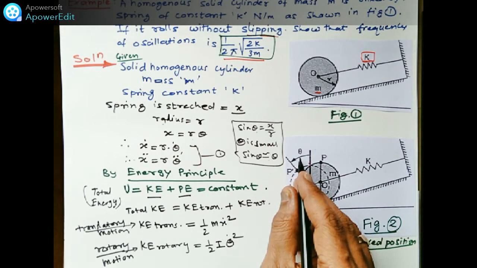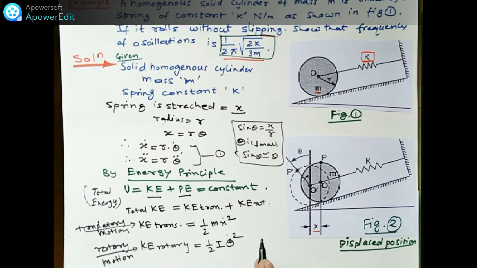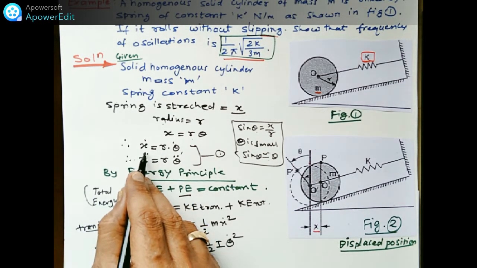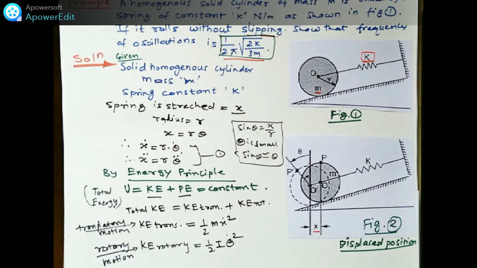We know that theta dot is equal to x dot divided by r. Putting this value in this equation, we rewrite it as half into I into x dot square by r square.